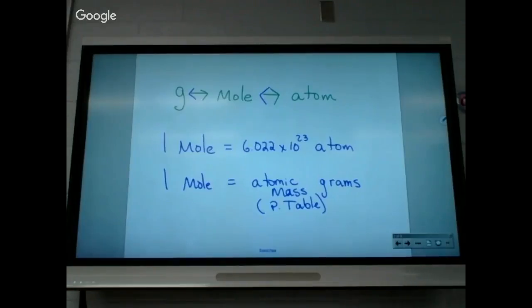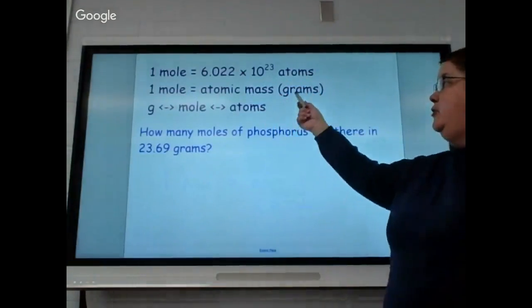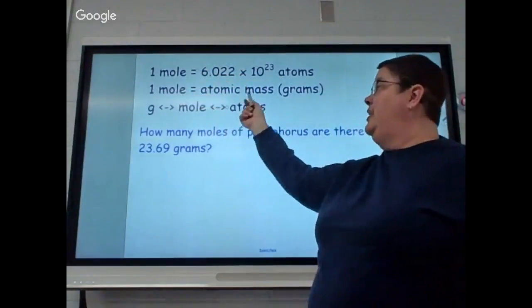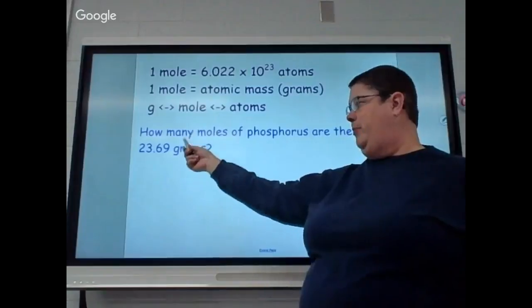All right, now we're ready to convert. Now, these three things you do not need to write. I only wrote those there so I don't have to keep flipping around on the boards. You need this little light blue problem. That's it.